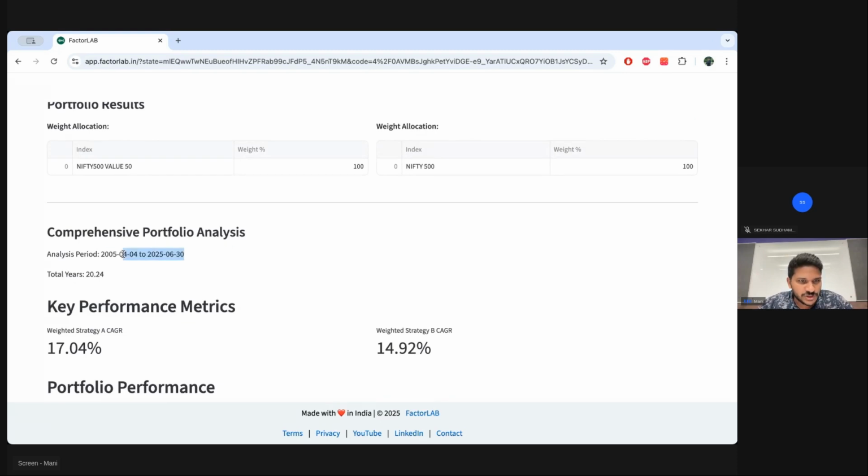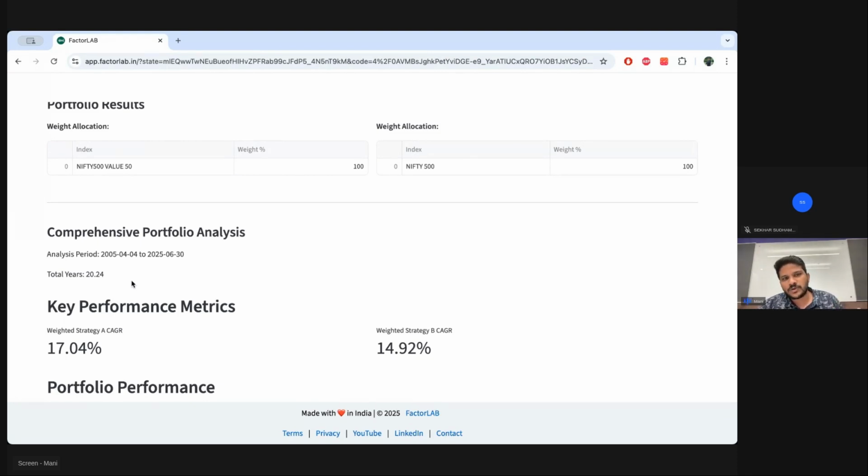Here it shows the analysis period from April 2005 to June 30, 2025. At this point, I want to make it clear that the data on this tool is available till the end of the last month, which is the end of June.